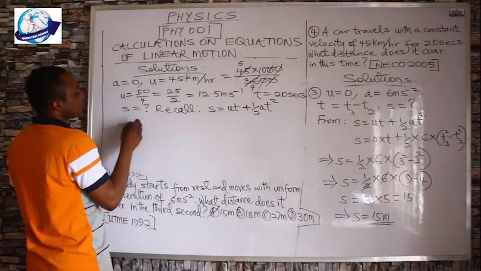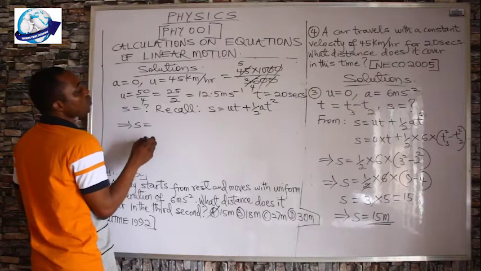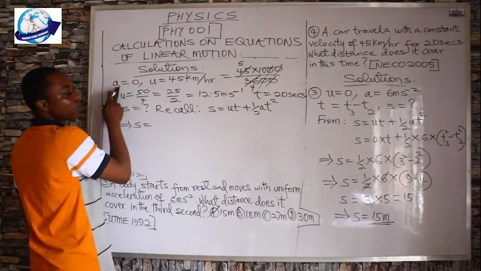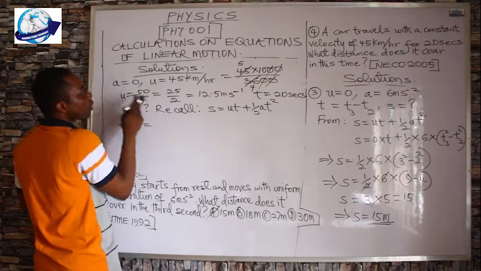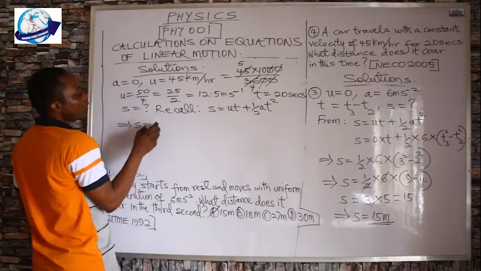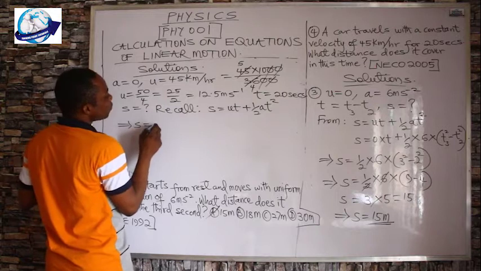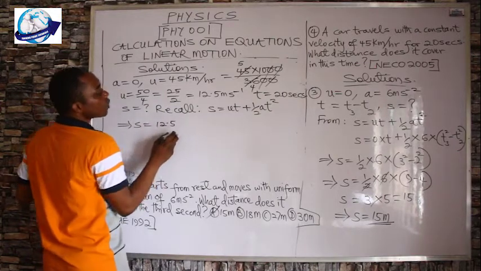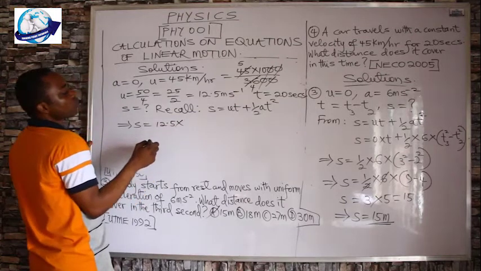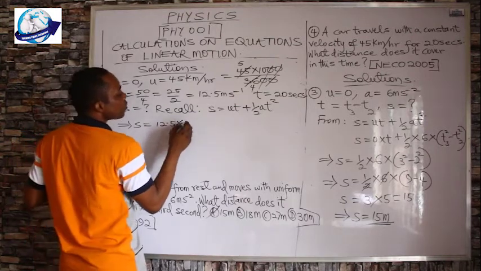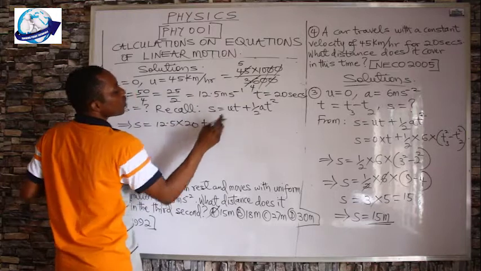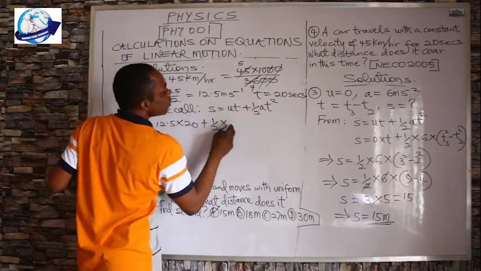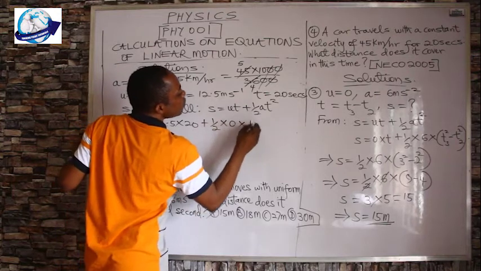It implies here that distance is equal to, now you can say here that the a is 0. Acceleration is 0. Now you're going to say u, what's my u? u is 12.5. 12.5 times, what's the next one now? That's time. The time is 20, plus half times, what's the acceleration? 0 times the time t squared.